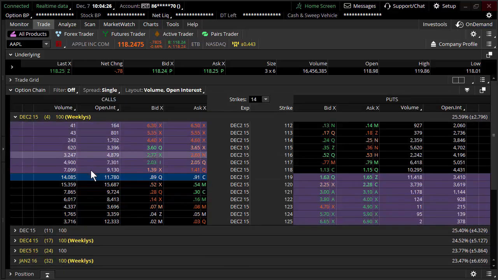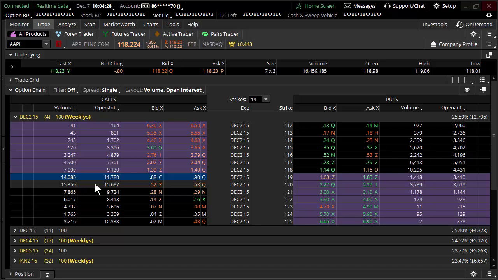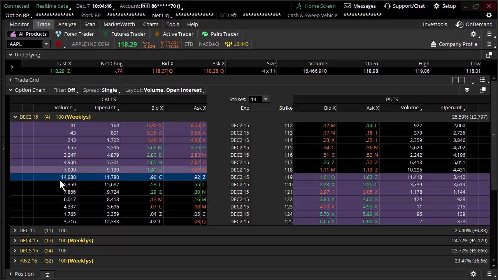The other reality is, in today's trading environment, we are now seeing the heaviest options volume in the shortest duration possible, in almost all liquid products. I'm going to say that again. The heaviest option volume, look at all the contracts that are trading here.